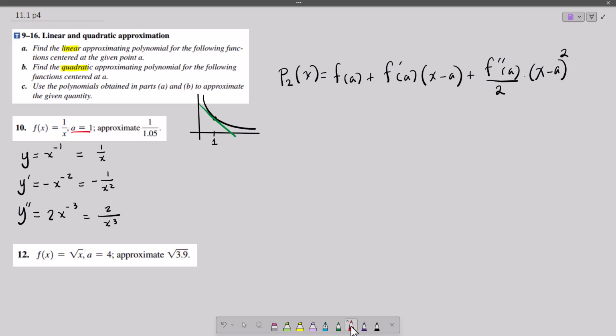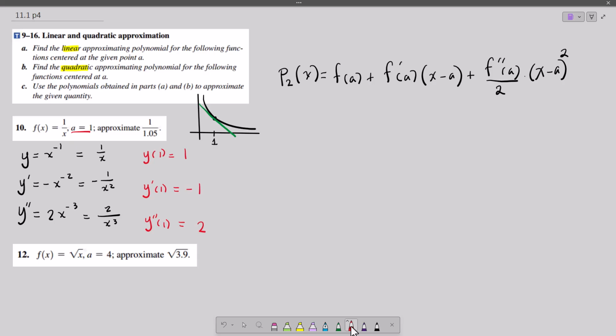So, second column in this imaginary table. Let's find the function at A, the derivative at A, and the second derivative at A. Well, the function at A, we plug in a 1 and we get a 1. First derivative at 1, we get negative 1. Second derivative at 1, we get 2. So those are our constants: function, derivative, second derivative.